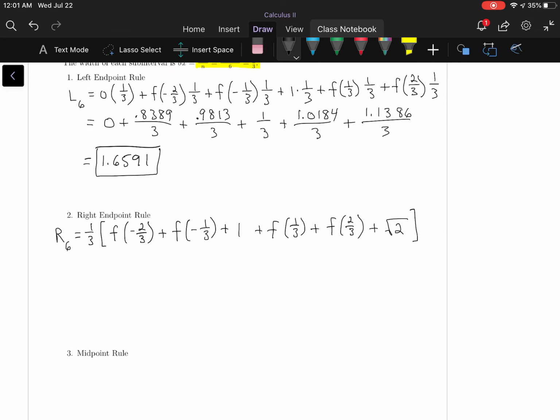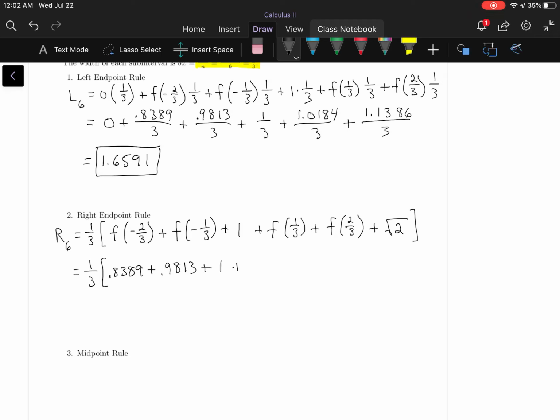Then when you use your integrand function, remember f of x is the square root of 1 plus x cubed. So when you evaluate each of these, you've got 1/3 times f of -2/3 is about 0.8389. F of -1/3 again is about 0.9813.